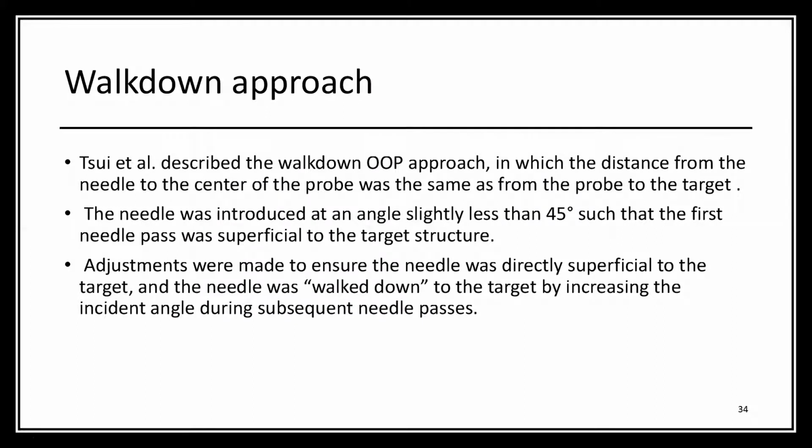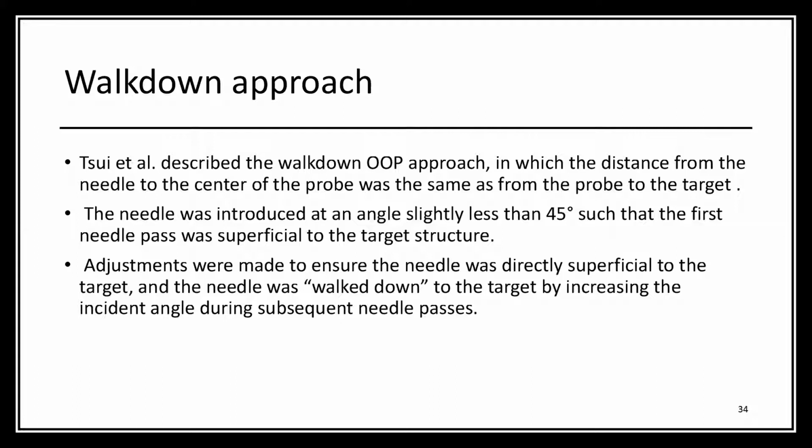So that is how we can differentiate between the shaft and the tip of the needle in an out of plane approach. Now coming down to the walk down approach, Pisui et al. described that the walk down approach in an out of plane approach is one in which the distance from the needle to the center of the probe was the same as from the probe to the target. Then he introduced the needle at an angle slightly less than 45 degrees.